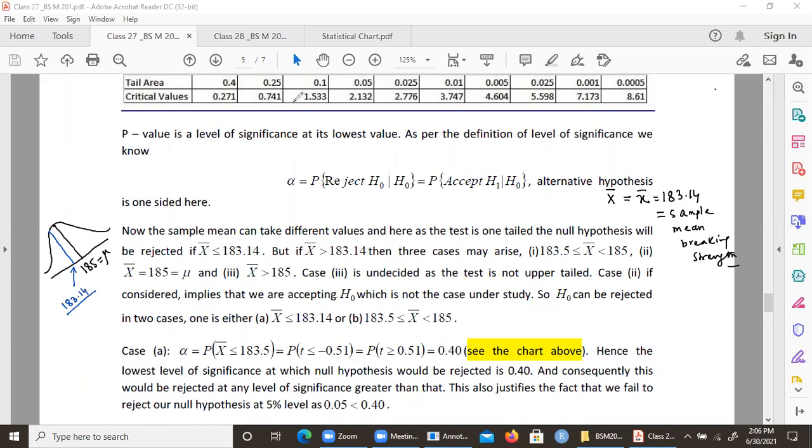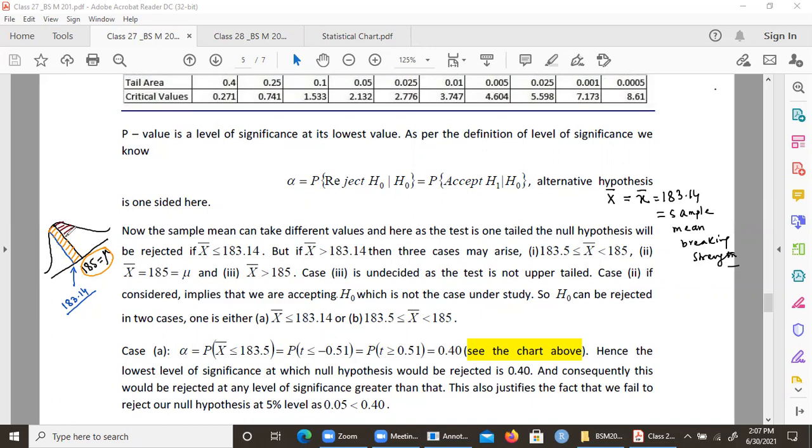For some other set of 5 observations, your value is going to fall in this region, or it is exactly 185, which is very feeble, or it is going to exceed 185.